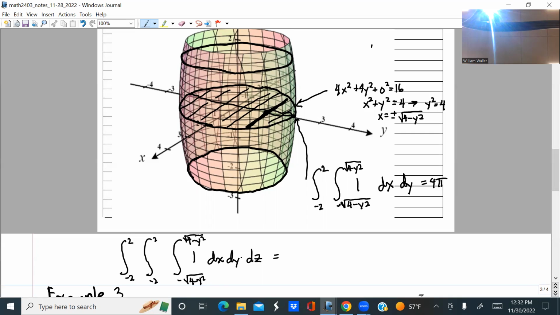Well, volume of that? Just take the 4 pi, I think, just multiply it by height there. What's the height? So I think you said that was 16 pi. But unfortunately, that's not it.